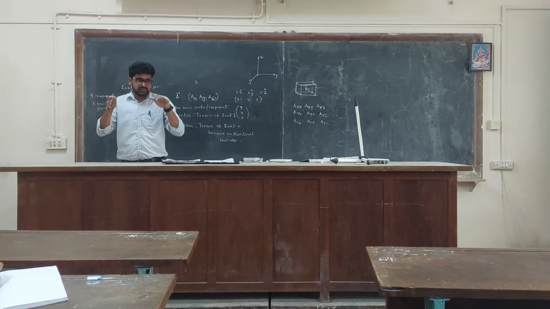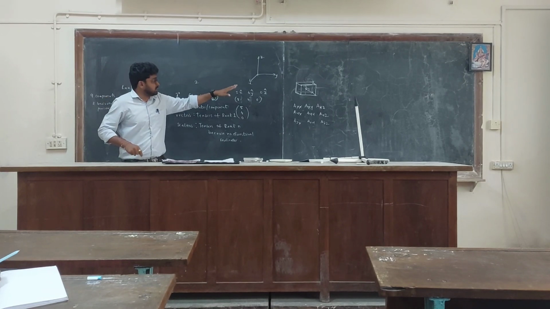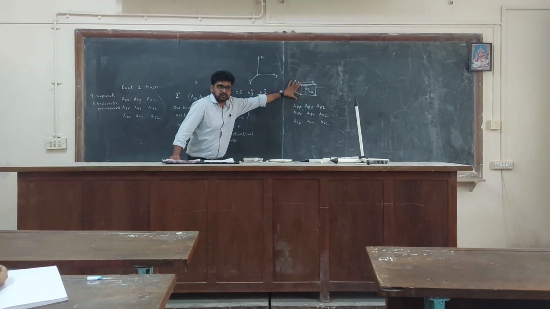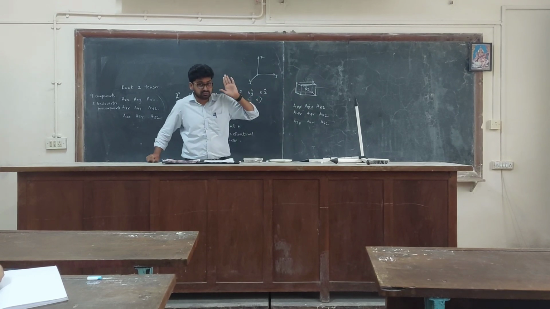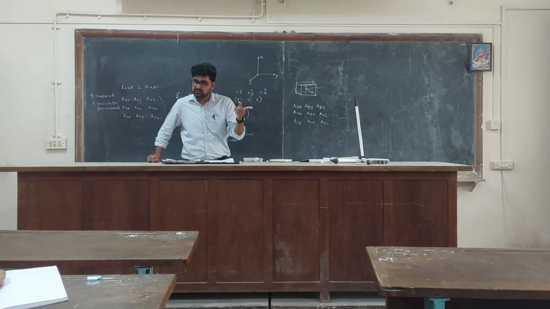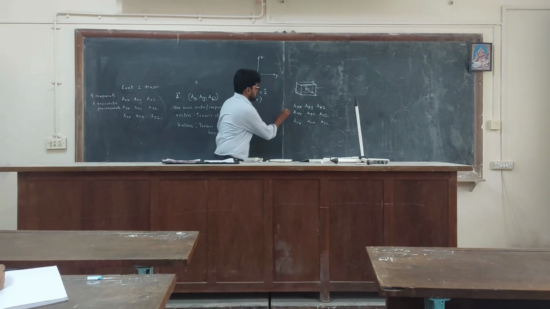See, area is a vector. Okay, so there are how many? This is a three-dimensional space now. So there are areas or surfaces here whose area vector points along the x direction, y direction, or z direction, and there might be a force which might be x directional with area vector along the x direction, or y directional with area vector along the y direction, or z directional with area vector along the z direction.